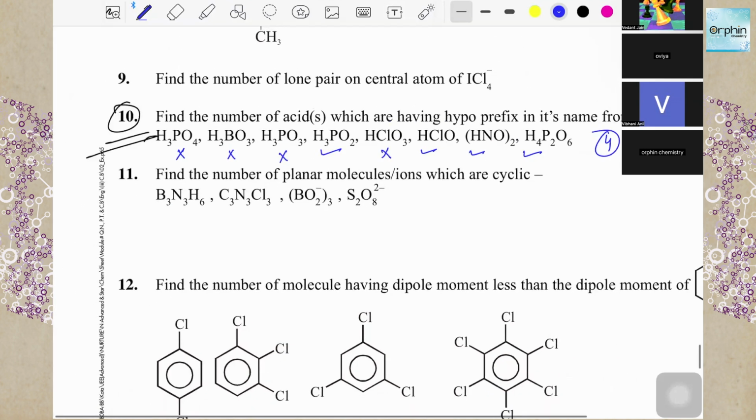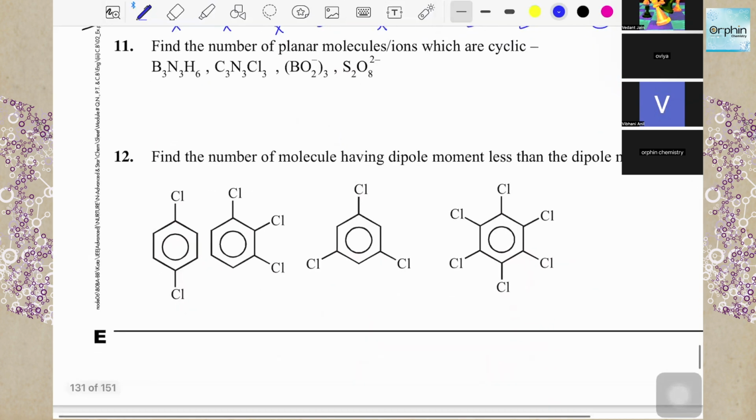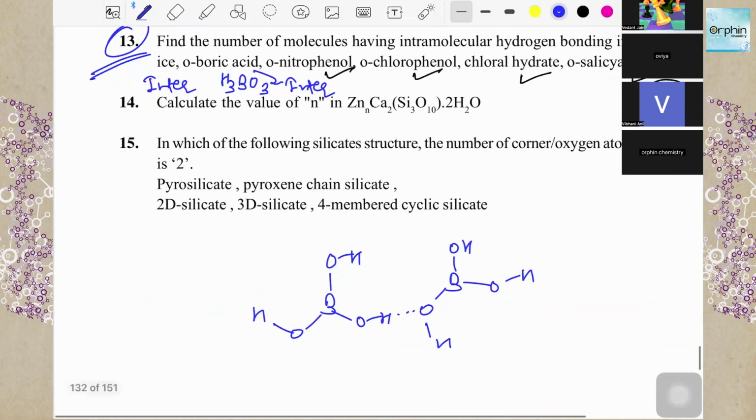Afik, you considered these 4 only? Yes, sir. Vedant? Sir, I missed HNO wala. Okay. Ovia? I missed hypochlorous acid. Vibhani? Same, sir. You also missed? No, sir. Same. The one. Very good.